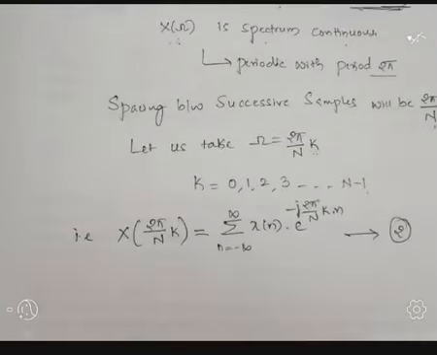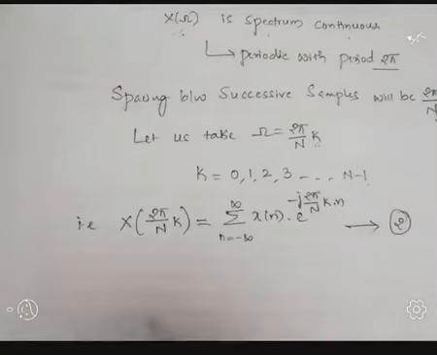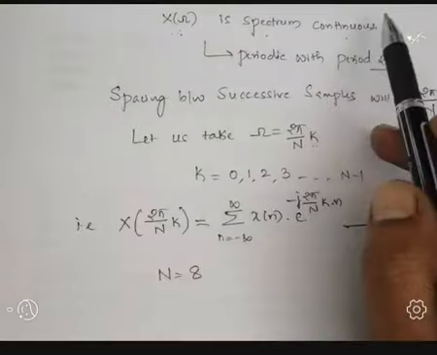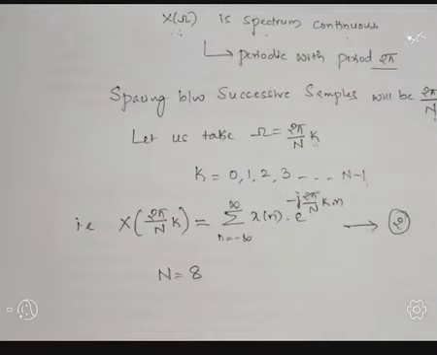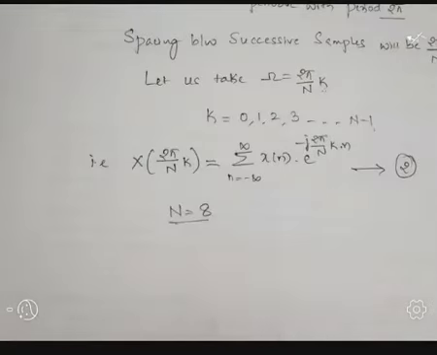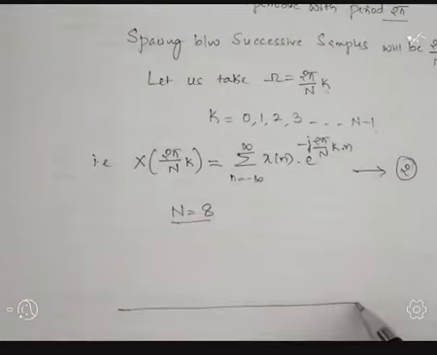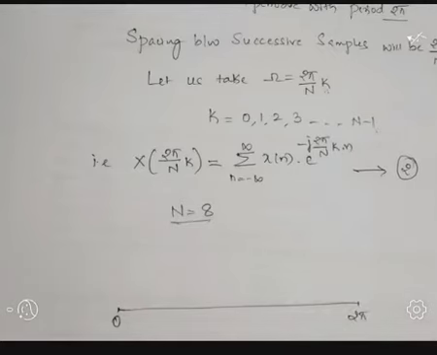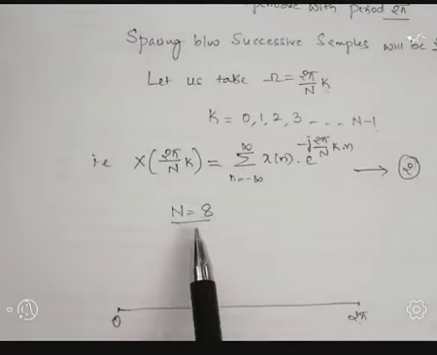We will take one example. If I consider N equal to 8, and divide the spectrum into N samples, what happens? For this example I am going to divide the spectrum 0 to 2 pi into 8 samples. The starting point is 0 and the end is 2 pi. What will be the first sample?